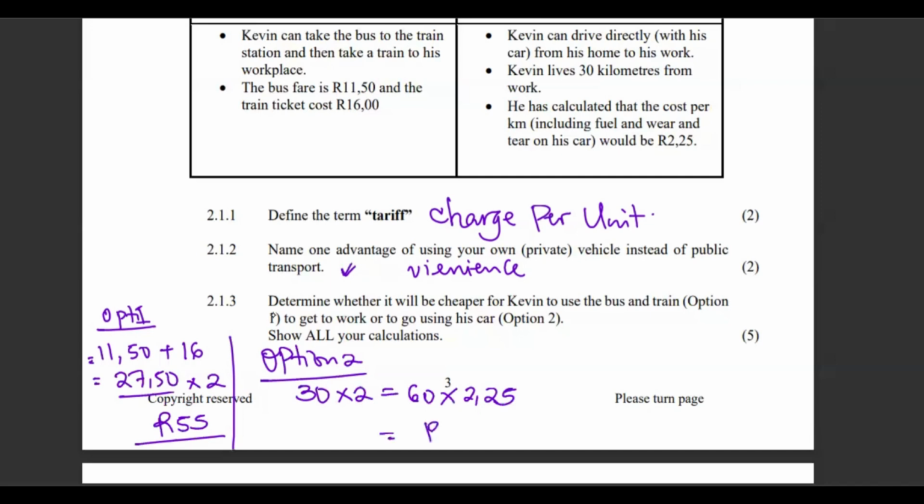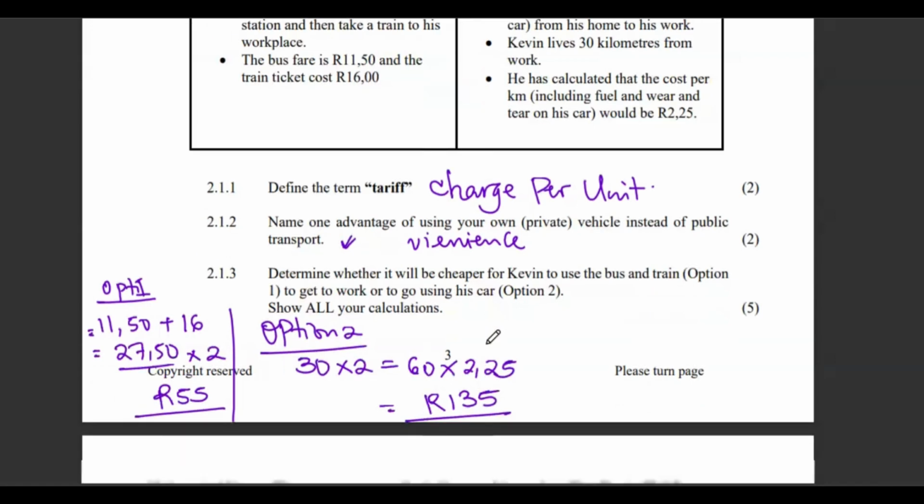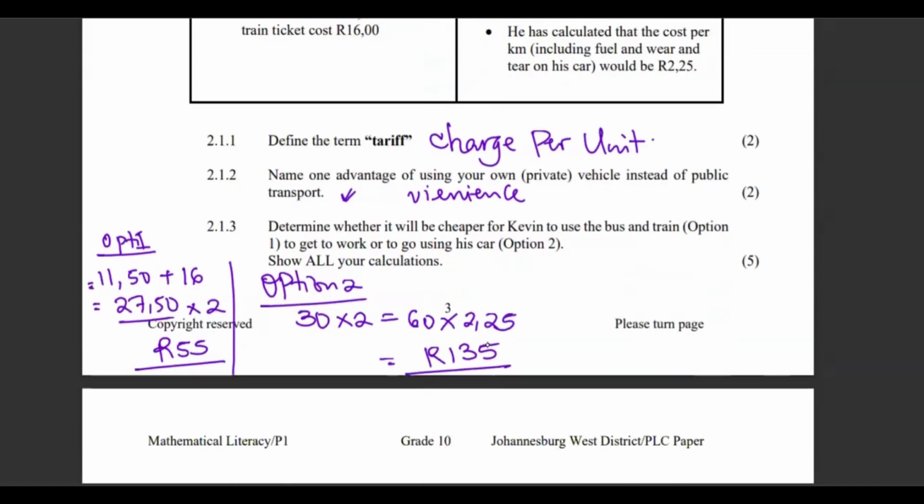So in 1 day, he spends 135 rands. So don't forget, you need to conclude and tell us that option 1 is cheaper. Option 1 is cheaper.